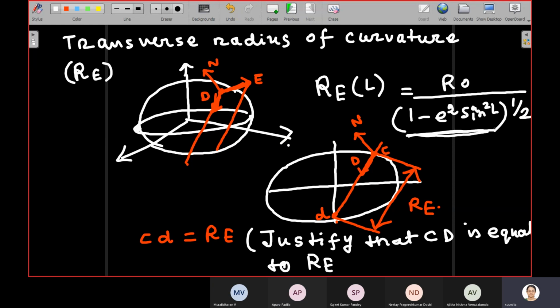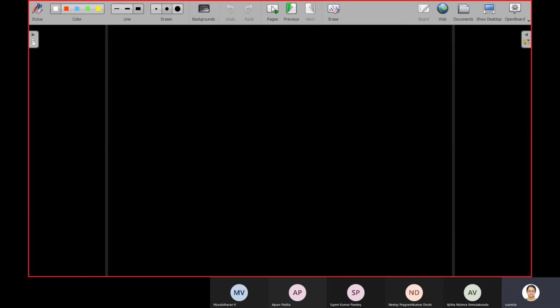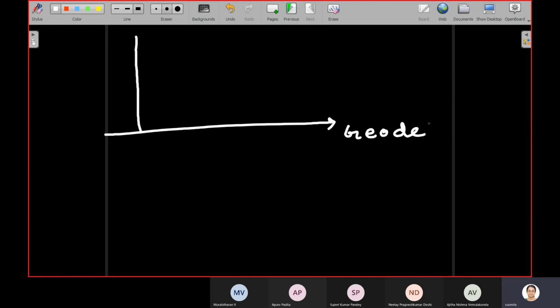Okay, next I'll show you how RE and RN vary with latitude. So here we are interested in the variation with geodetic latitude, capital A. And along the y-axis we are plotting the two radii of curvature Rn and Re.